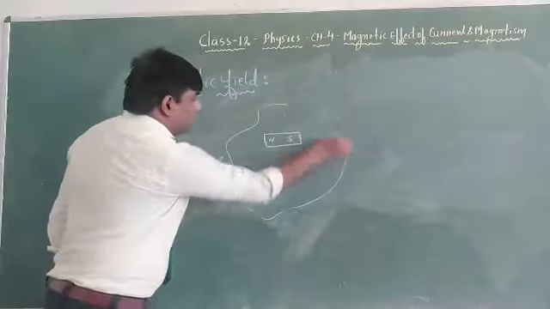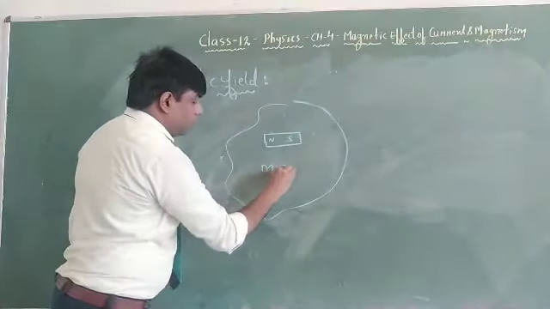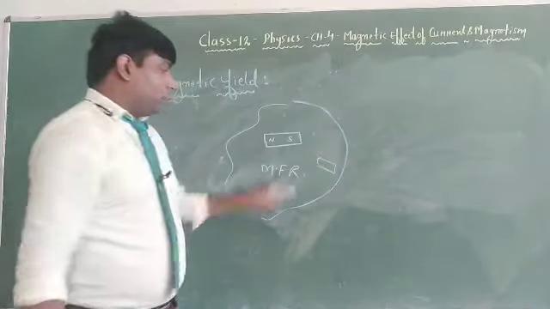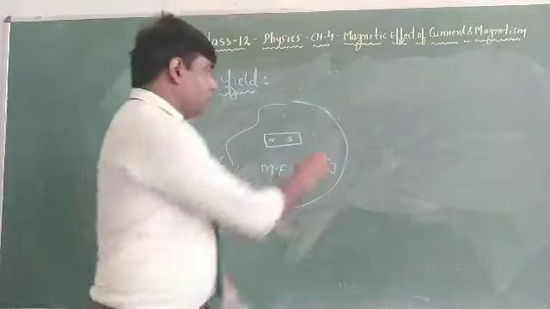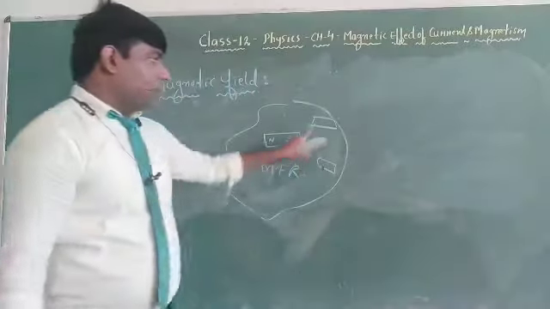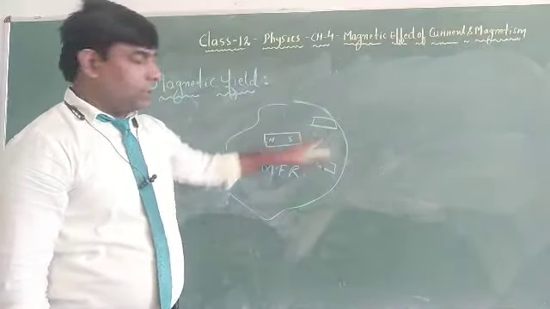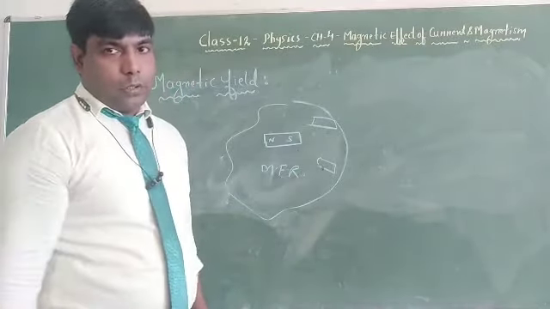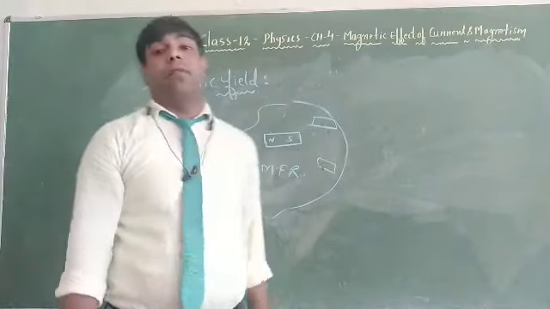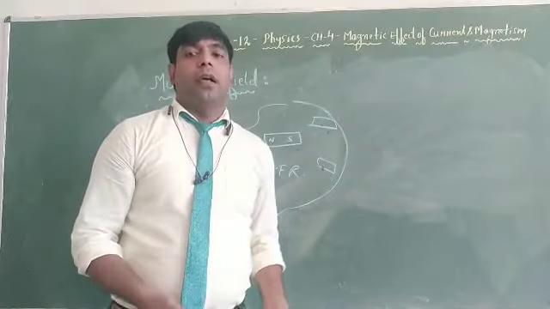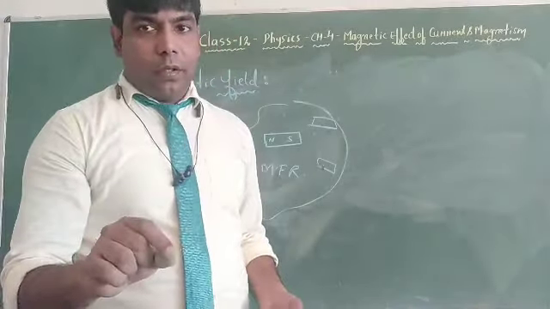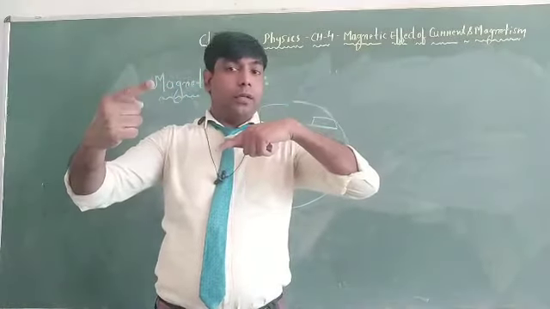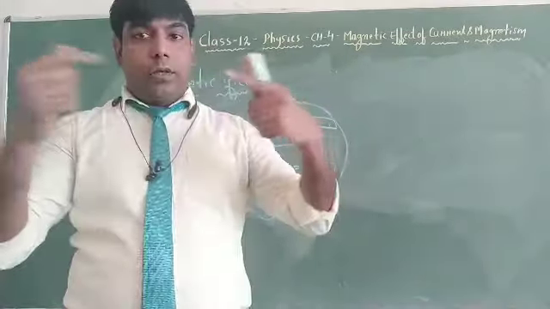Let us say this is the region. Then when you bring another magnet here, there will be either repulsion or attraction. Here also if we keep another magnet, there will be repulsion or attraction. That is the space around the magnet in which its effect can be felt. Its effect means either you take iron there, it will attract it, or you take a magnet, if both are the same poles, they will repel, and when they are opposite, they will attract.